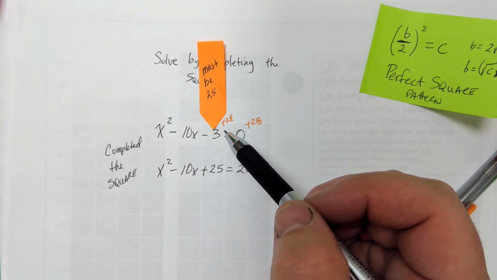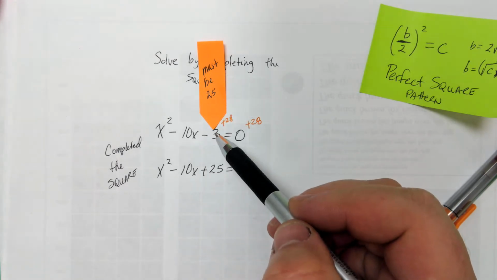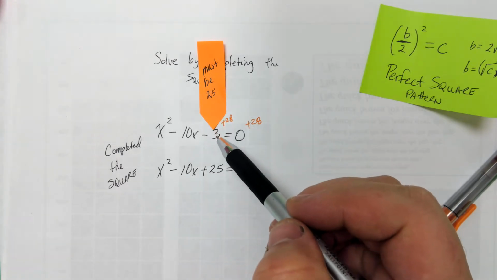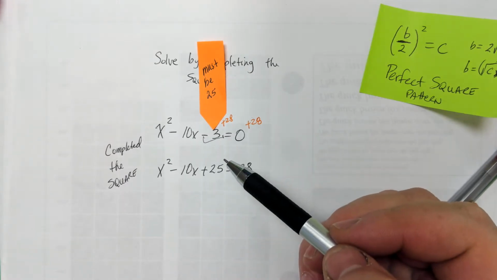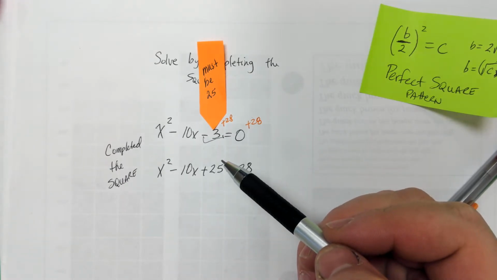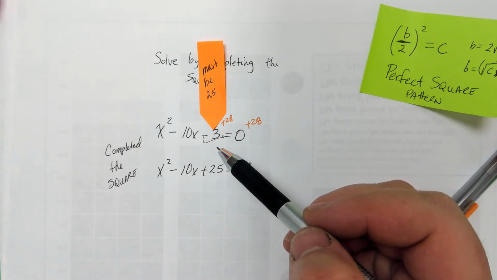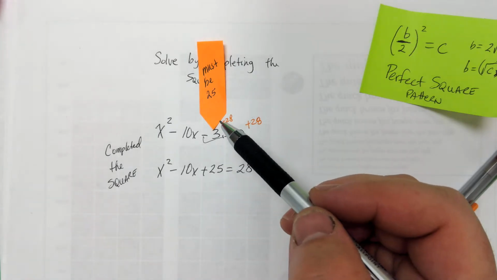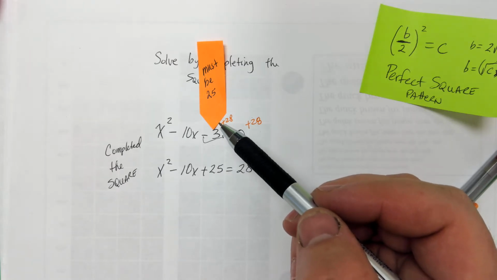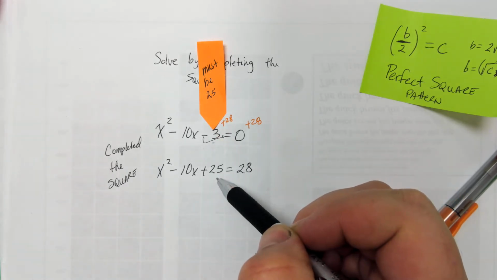So where did you get the 28 from? This number right here has to be 25. If you have negative 3 and you add 28 to it, don't you have 25? That's where I got 28. It had nothing to do with that top number. Because I needed this to become a 25, and there it is.